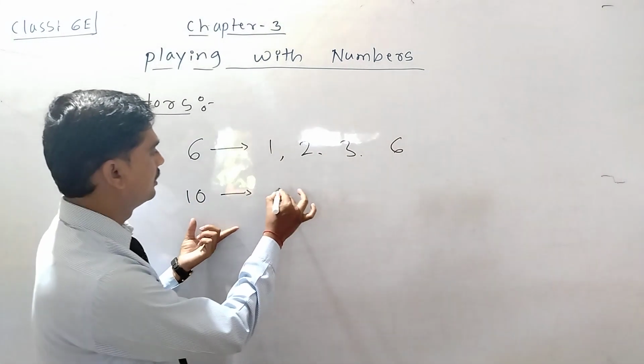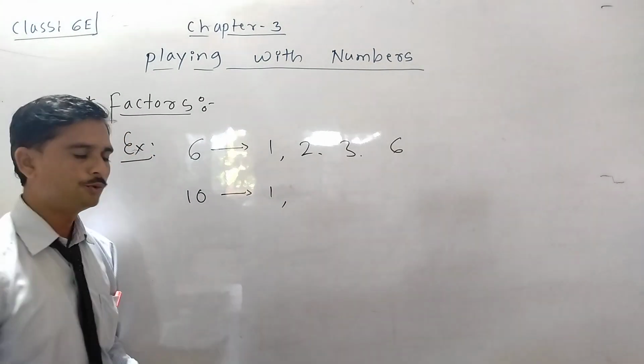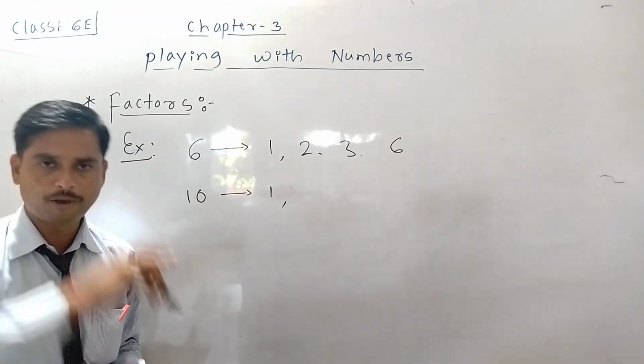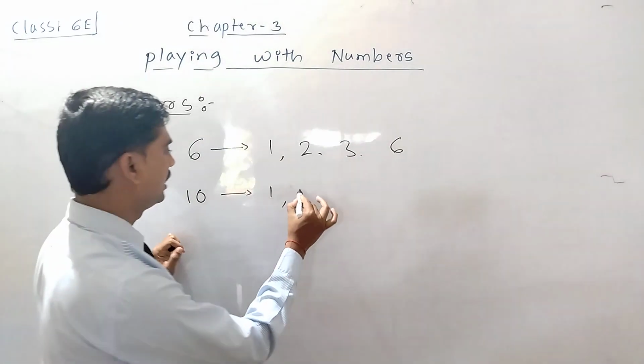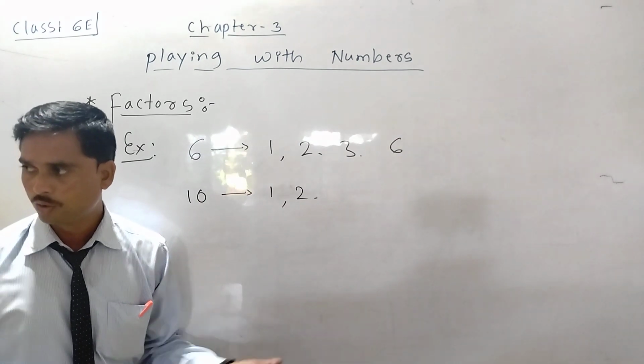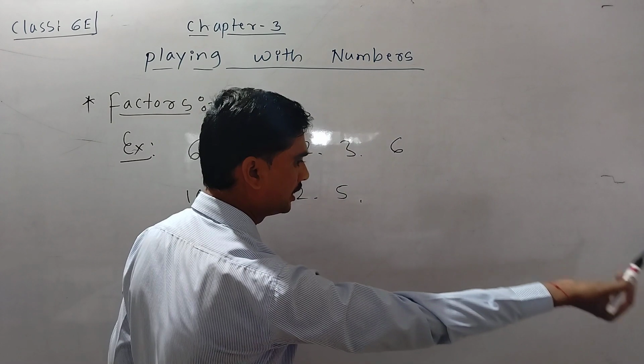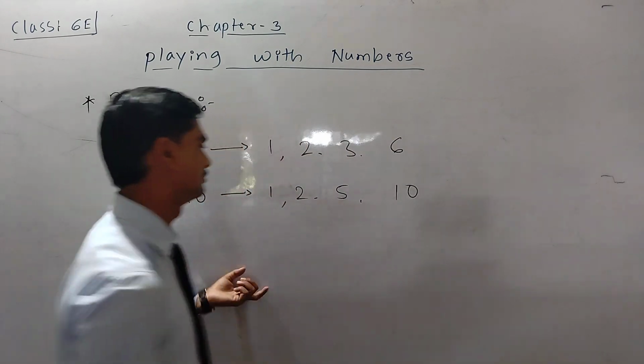The factors of 10: first one, 1, because whether you wrote it or not, 1 is the factor of every number. Then 2, yes. 3s, no. 4s, no. 5s, yes. 6s, 7s, 8s, 9s, no. 10s, yes.